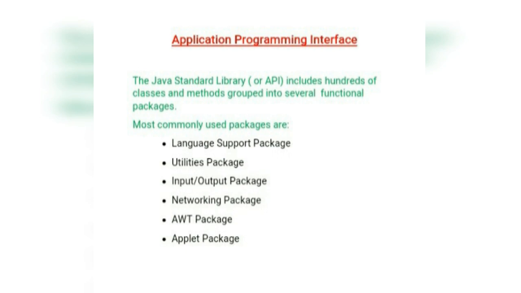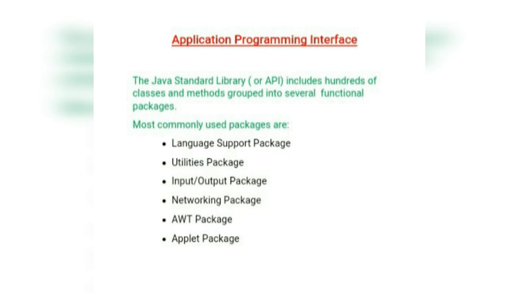The most commonly used packages are, the first one, the language support package, which is a collection of classes and methods required for implementing basic features of Java. Second is the utilities package, which is a collection of classes to provide utility functions such as date and time functions. Third is the input output package, a collection of classes required for input output manipulation.